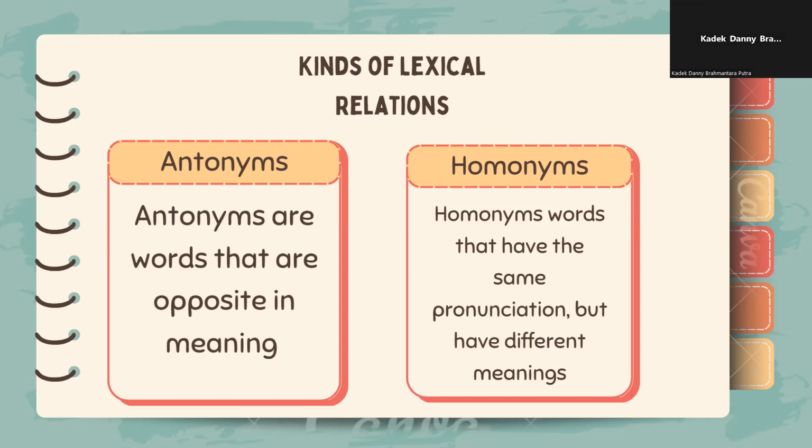When homonyms have the same spelling, they are called homographs. And when homonyms have different spellings, they are called homophones. For example, the word to, or in Bahasa, dua and to juga, this is homophones.